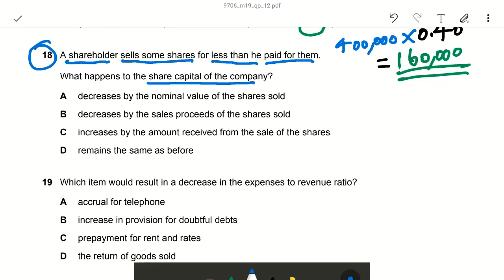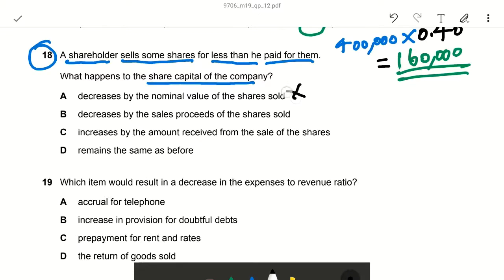When the shareholders sell, or the company issues the shares at a lower price or at a premium, the nominal value is what the company will enter in the capital account. They will open the capital account at the face value, the original value of the share.